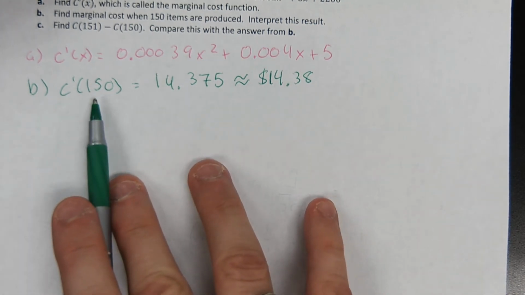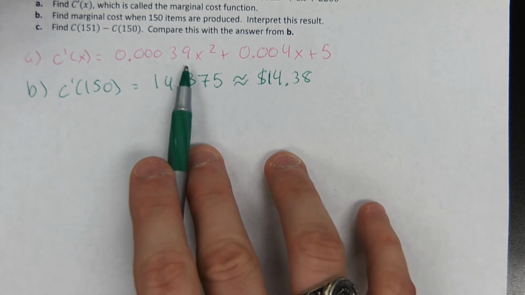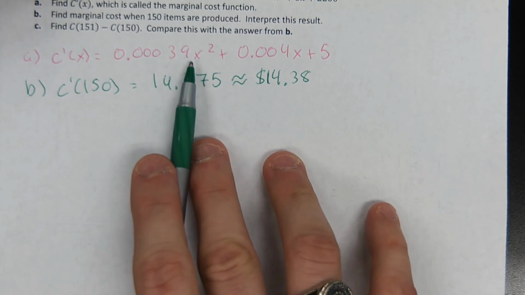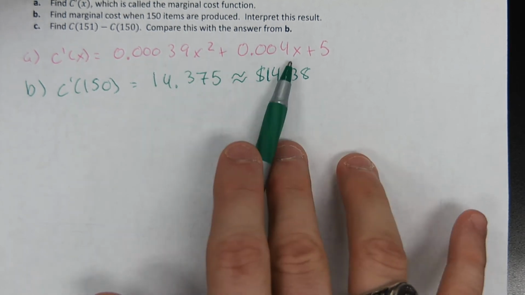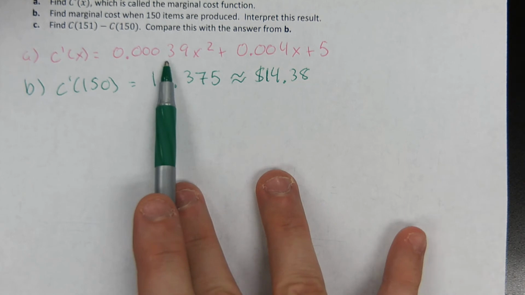I would like to point out that this is a parabola, a positive parabola, which means that it has a minimum. It does not have a maximum. Now, where is that minimum? It's negative b over 2a, whatever that gives us. It gives us a negative number. Did you catch that, though? Negative this over double this is a negative number.